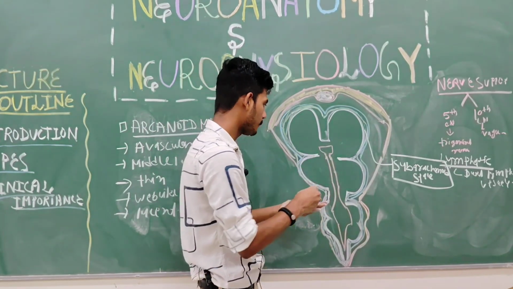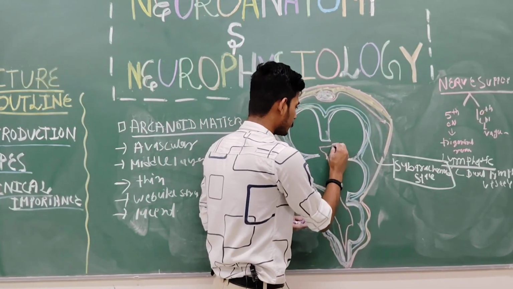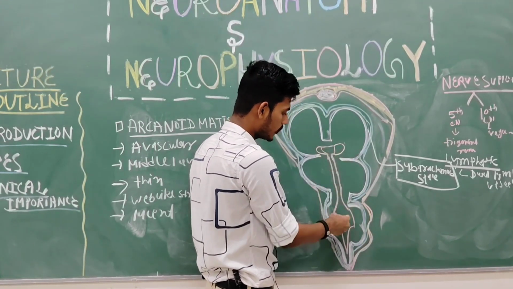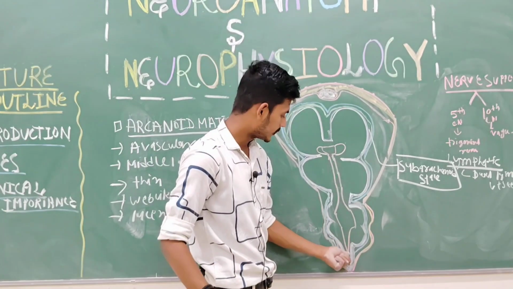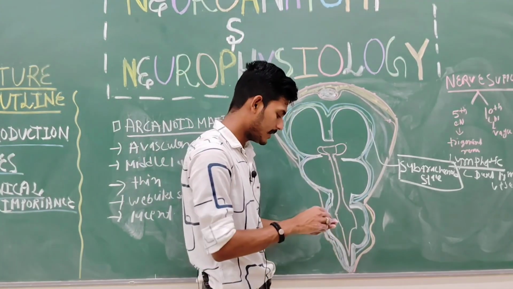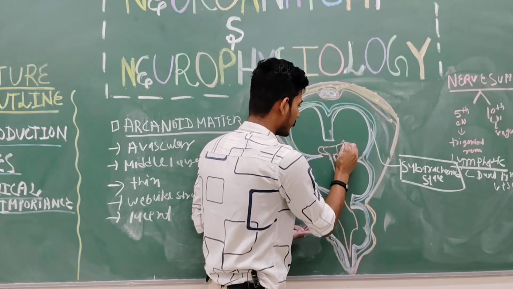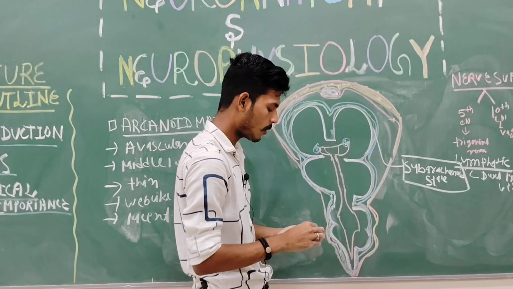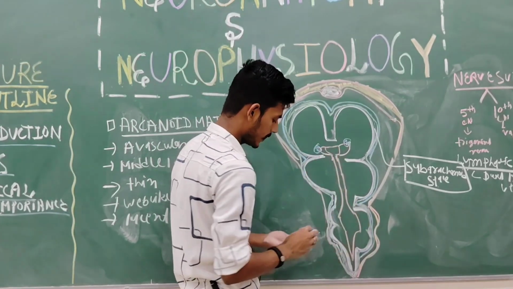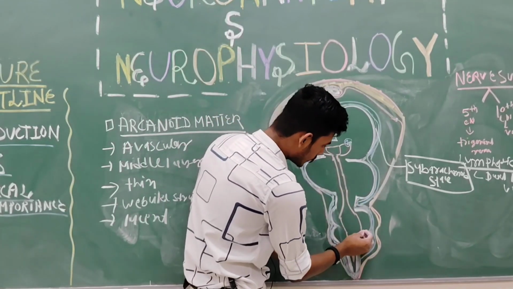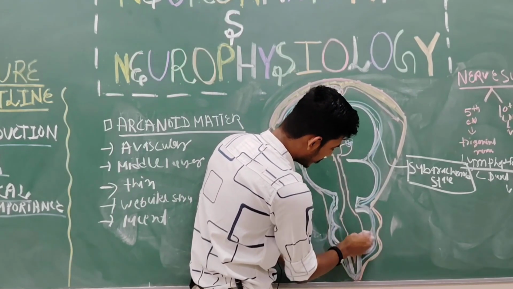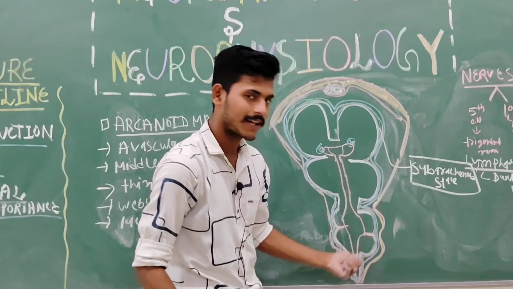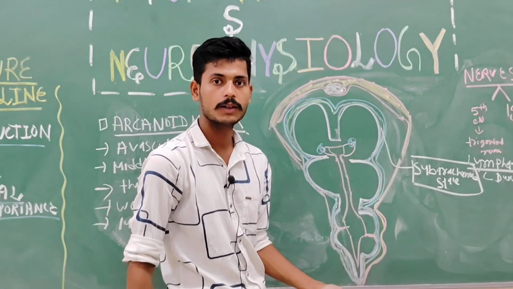You have two lateral ventricles, one third ventricle, and this is the cerebral aqueduct, this is the fourth ventricle, and this is the central canal. And in this there is a very special structure called the choroid plexus. Here the CSF is formed, and it is drained and circulated from here. Now there is one window present in this region, the cerebellopontine region.